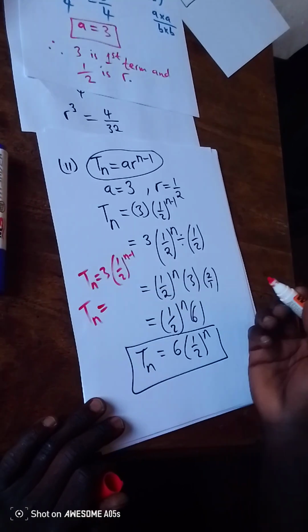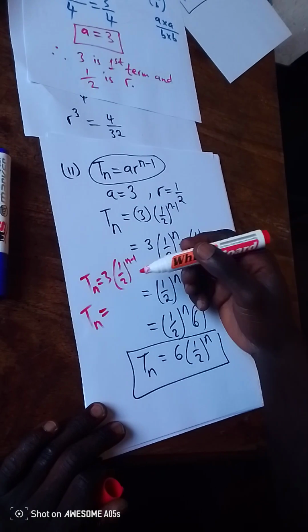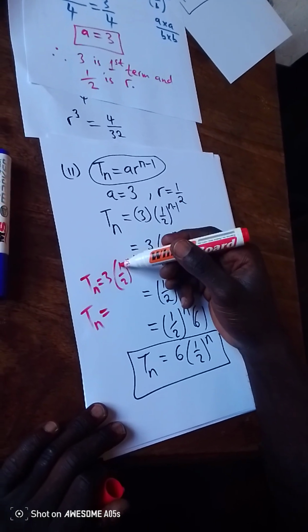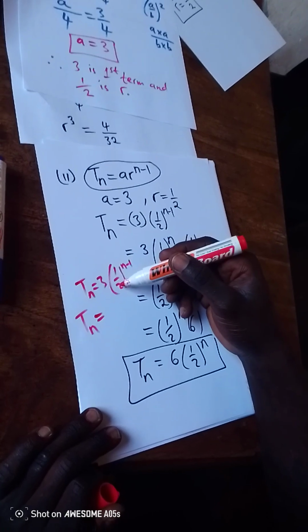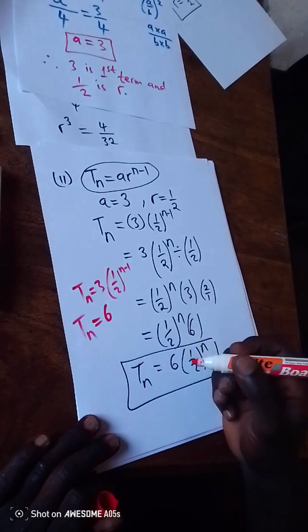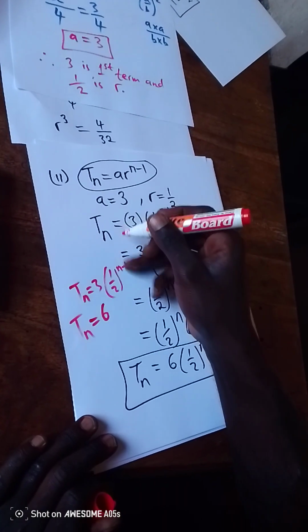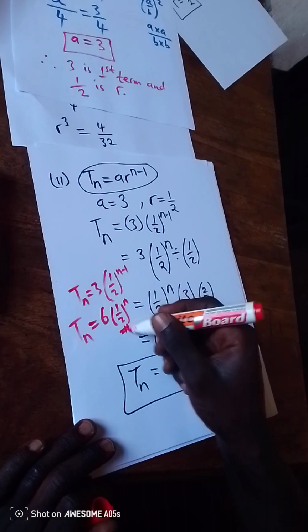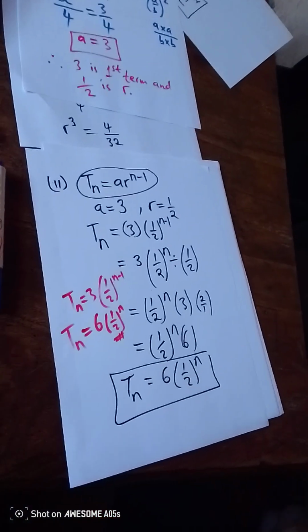If you are looking for proof, you can just say this number times that one. Whatever number will be there, as long as it is 1 over that number, you just multiply whatever number will be there times this one. So in this case, 6. Then ignore this negative 1 and just rewrite it the way it should be. So that is a shortcut for this part.